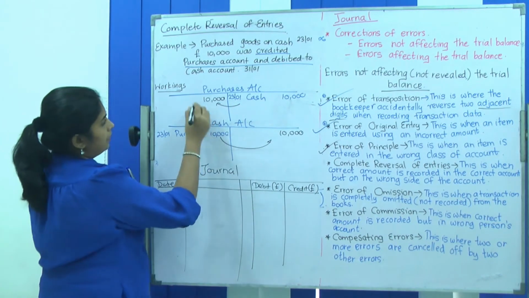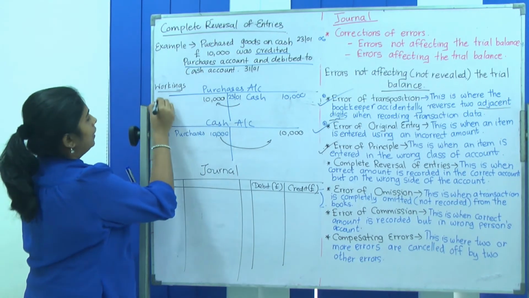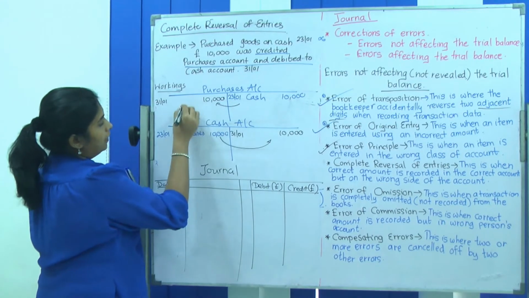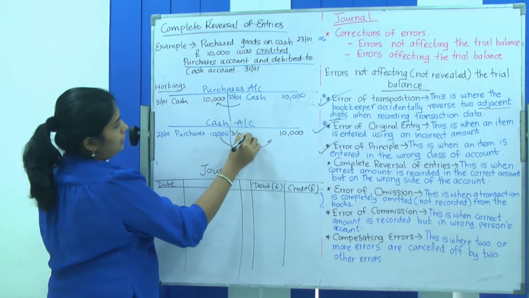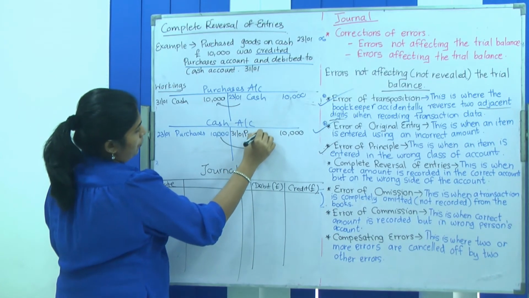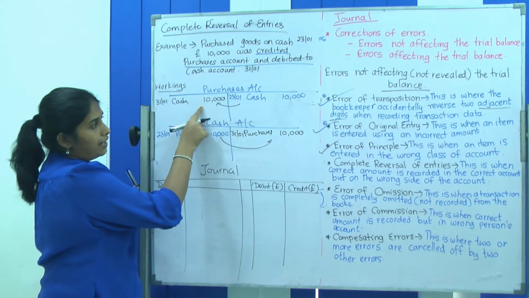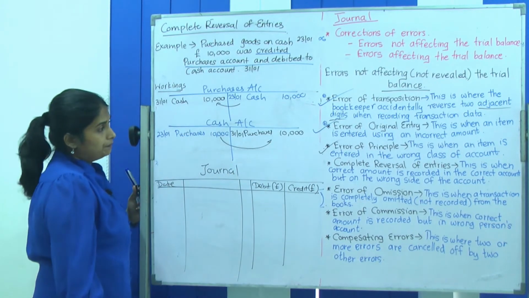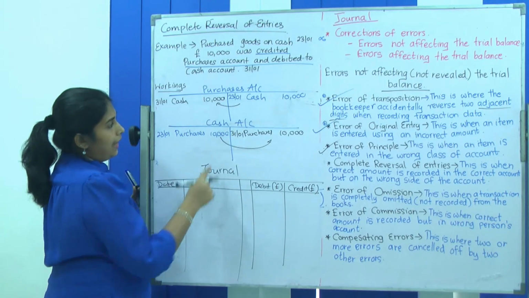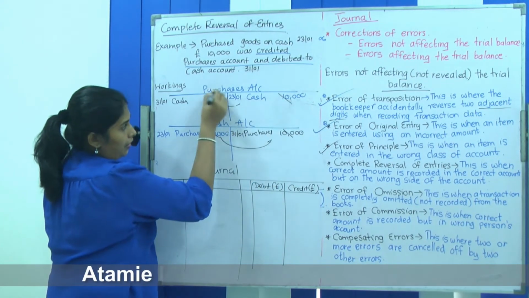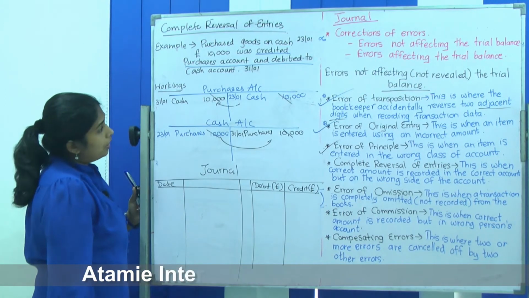They found the error on 31st January. Here it will be cash and purchases. So what happens when you record debit side 10,000 and credit side 10,000 in cash and purchases? You can see this 10,000 will cancel each other.